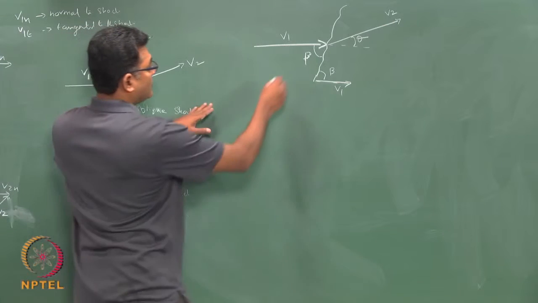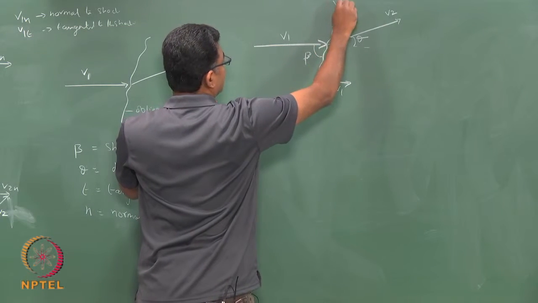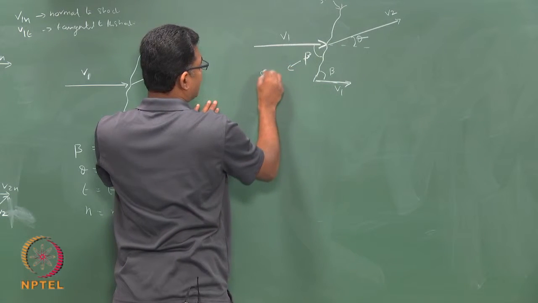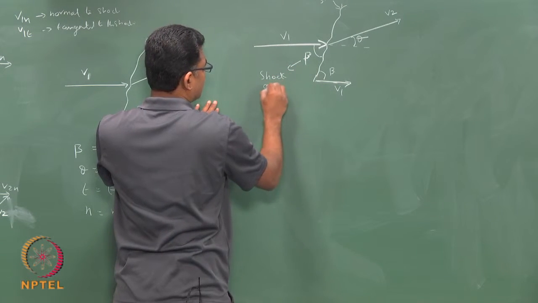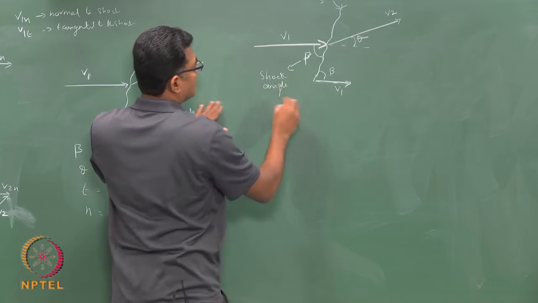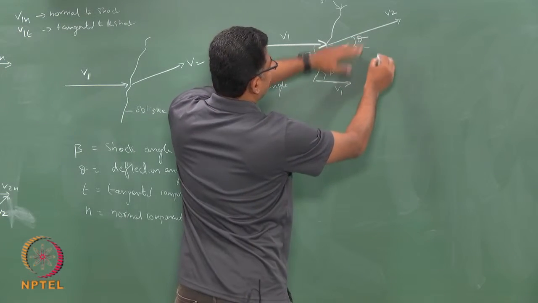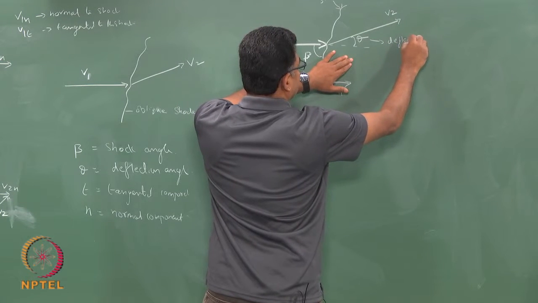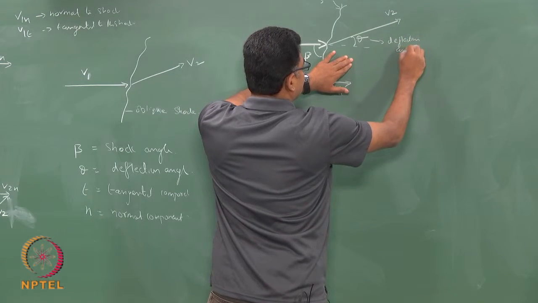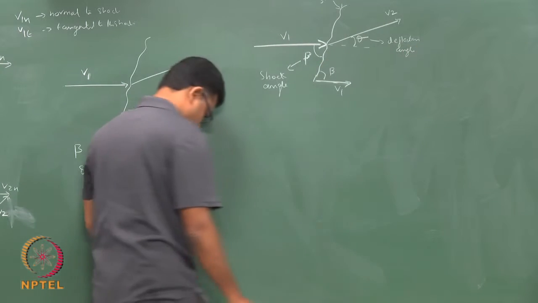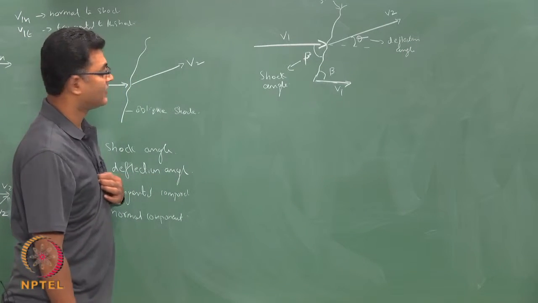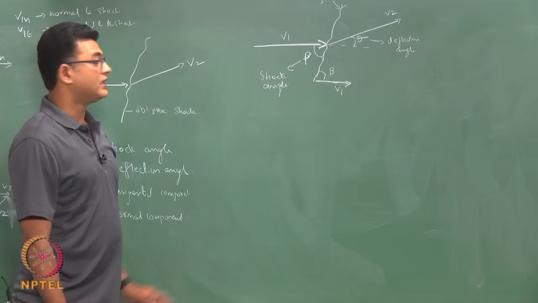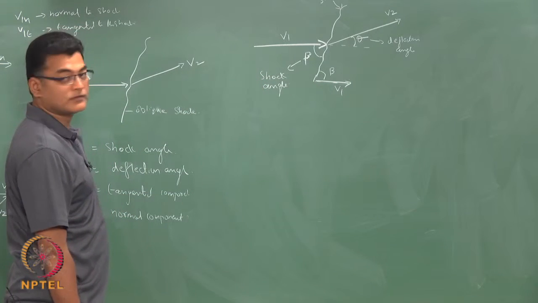Okay, so this is my shock, beta is my shock angle, and the velocity here that is deflected is my velocity deflection angle. So we will fix this notation for the few lectures that is to follow.